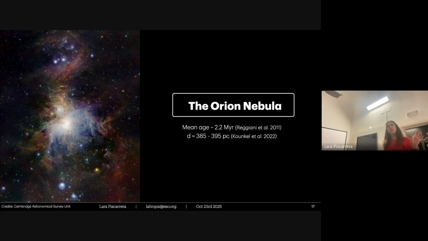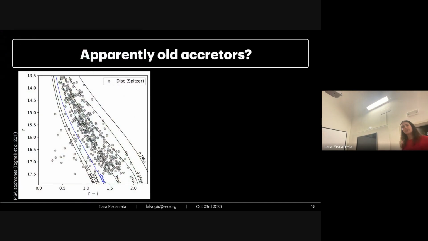So if we do the color magnitude diagram for the Orion Nebula, and here we constructed it using the broadbands R and I from OmegaCam, all of the sources that you're seeing here have a disk according to Spitzer, meaning that they show infrared excess emission. And the first thing that we can see is that most of the sources have isochronal ages between 1 to 3 megayears, which is what we expect for the Orion Nebula.